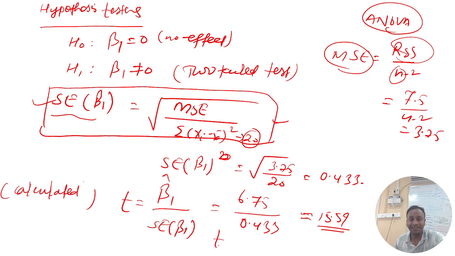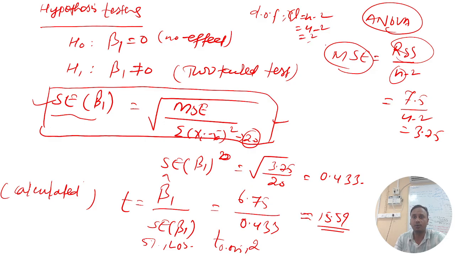So now we can get T tabulated at the 5% significance level, 0.025. Degree of freedom, how much do we have? 2, because the degree of freedom will become n minus 2, 4 minus 2, it will become 2. If you see the T table, two-tail test, 0.025, degree of freedom 2, the value will come 4.303.